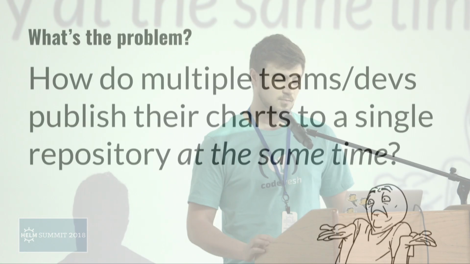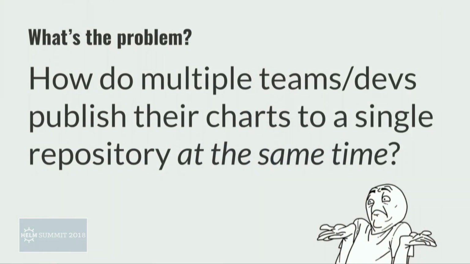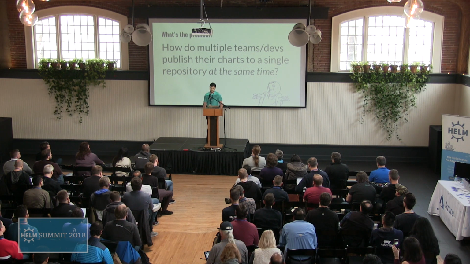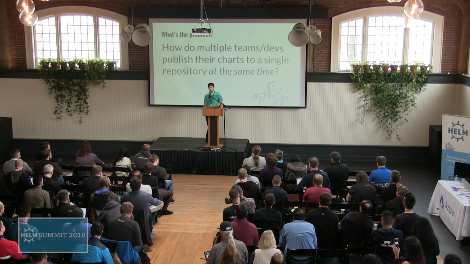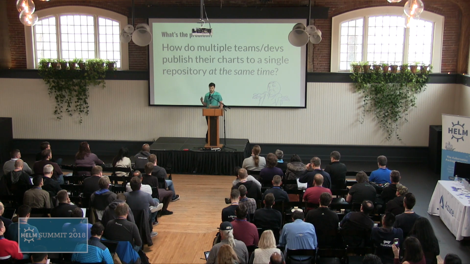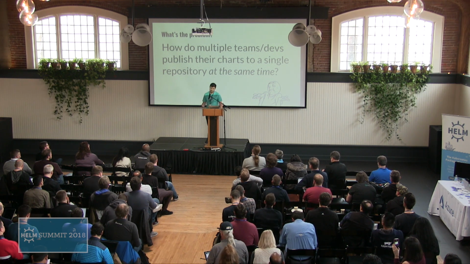So what's the problem? Why did I create ChartMuseum? What does it do? Why do we need it? The problem here is, and Rod was talking about this a little bit earlier, how do multiple developers or multiple teams release their charts at a single time, in parallel?